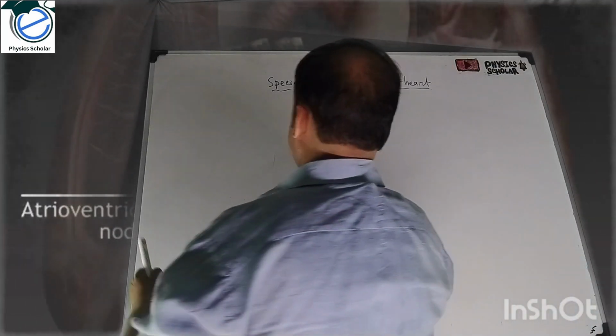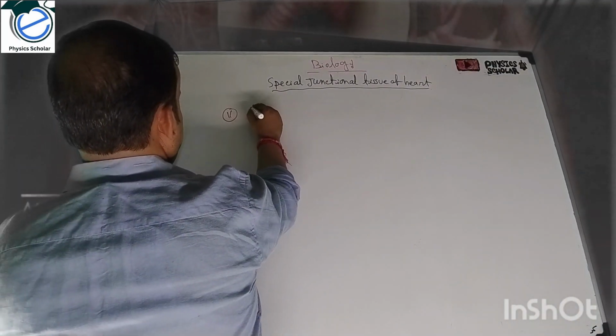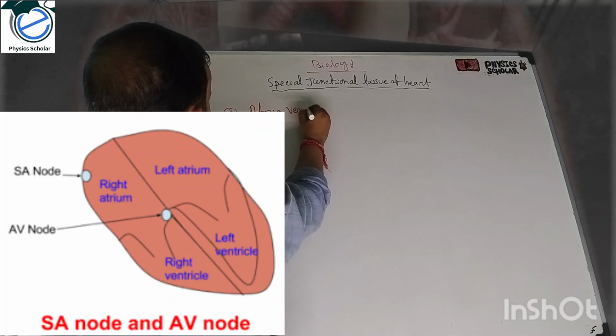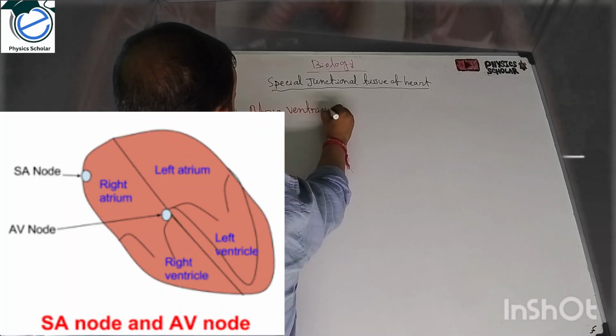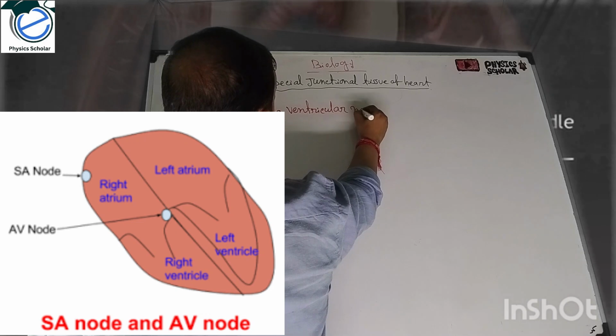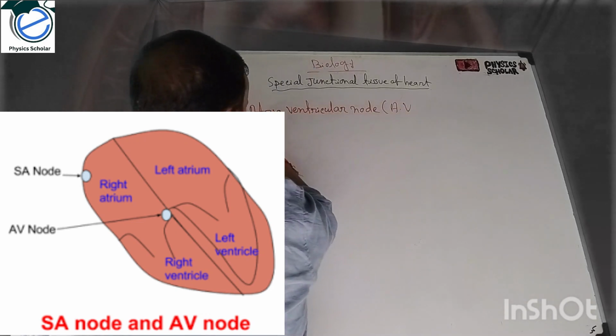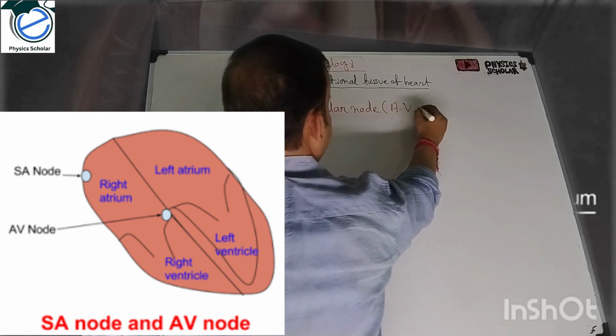Okay, students, so the next one is the atrioventricular node, or it is also known as the AV node. A means atrio, V means ventricular. Okay, AV node.